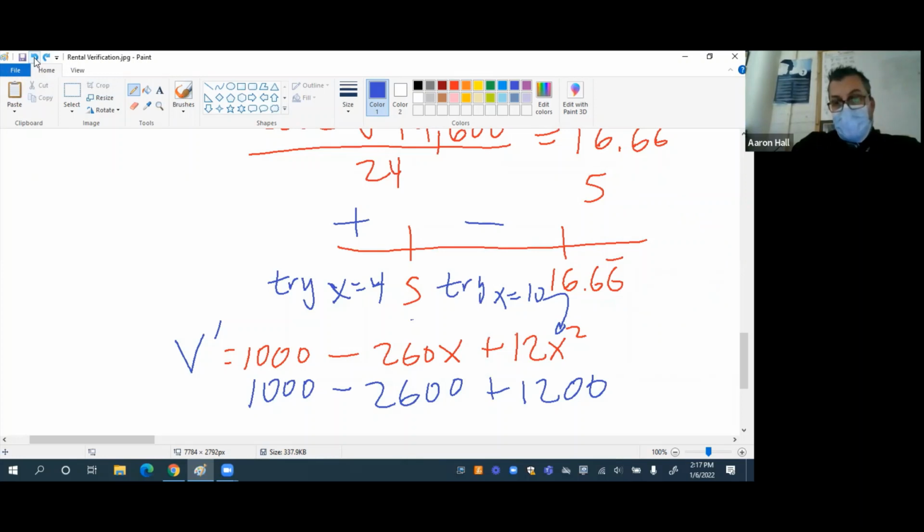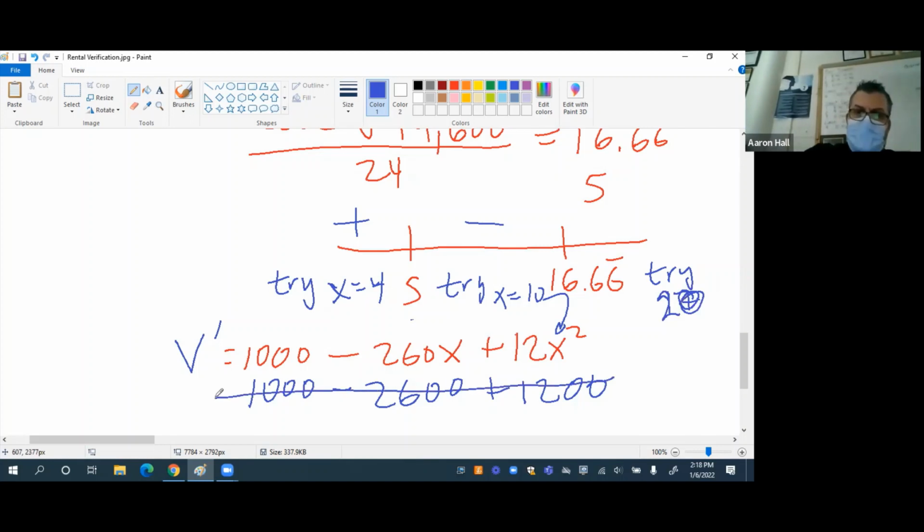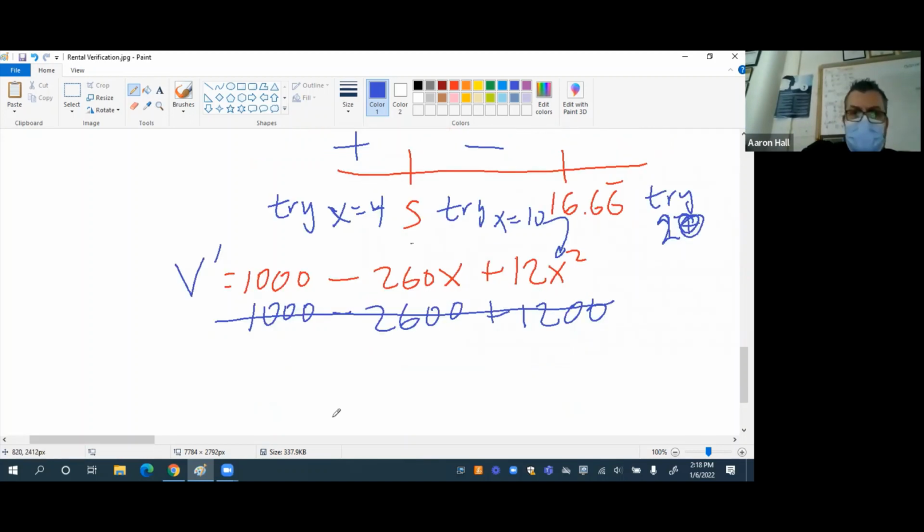Okay, so we're going to try something. I was thinking maybe 20, something easier to calculate. So if I plug in 20 there, that gives me 1,000 minus 5,200.